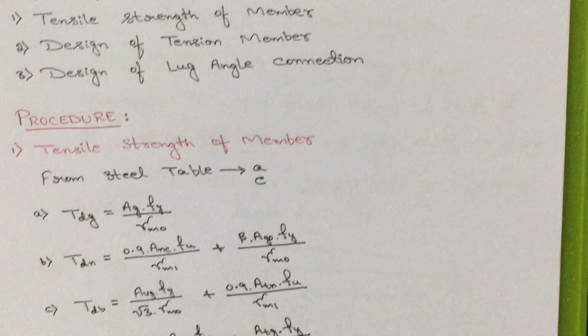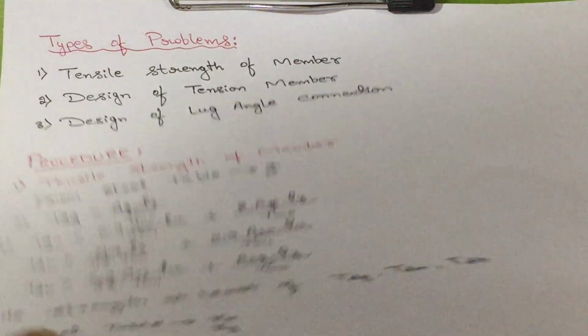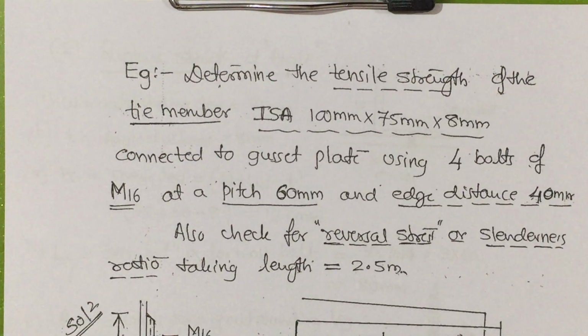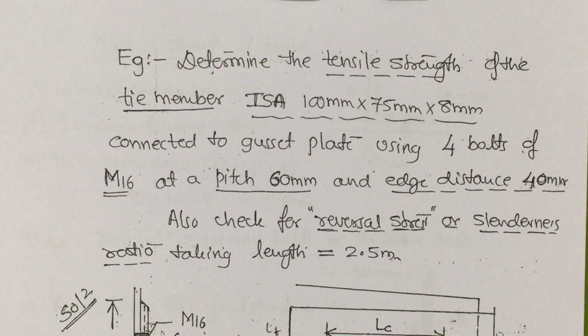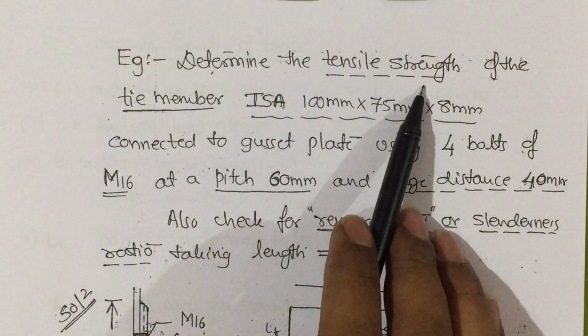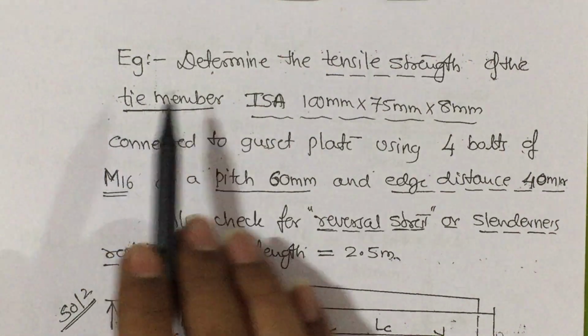Let us look into the numericals now. Example 1. Determine the tensile strength of the tie member. Tie is nothing but tension member.